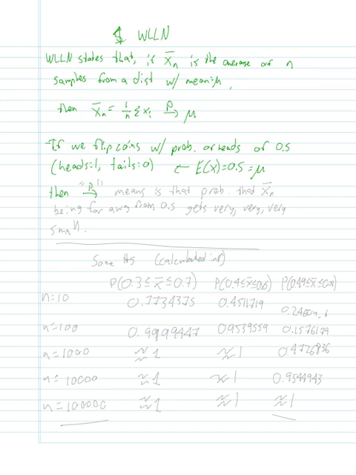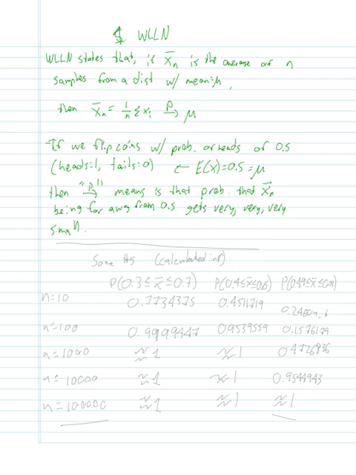Then what converges in probability means is that the probability that x bar sub n, or sample mean, being far away from 0.5 gets arbitrarily small.